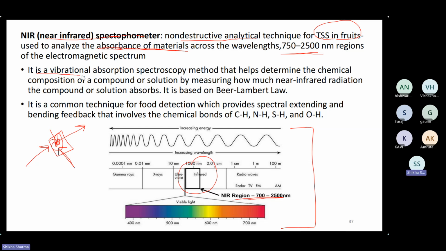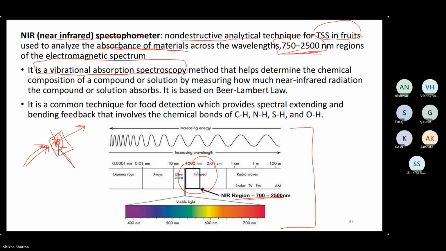Basically, it works on the principle of vibrational absorption spectroscopy. Whenever photons in the near infrared range, 750 to 2500 nanometer, come, this radiation and the photons will be absorbed by this food product.